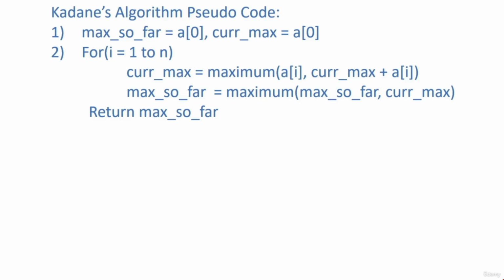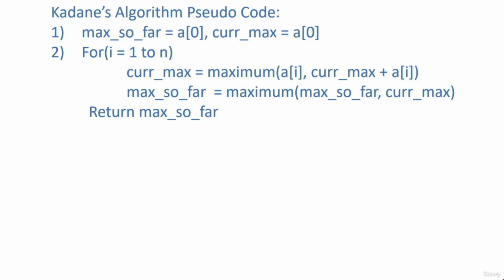And then we are running a for loop, and for every iteration, in the first step we are taking the maximum of the ith index element and current max plus a of i, and storing it into current max. And in the second step we are taking max so far, which is our global max, with the help of max so far itself and current max.